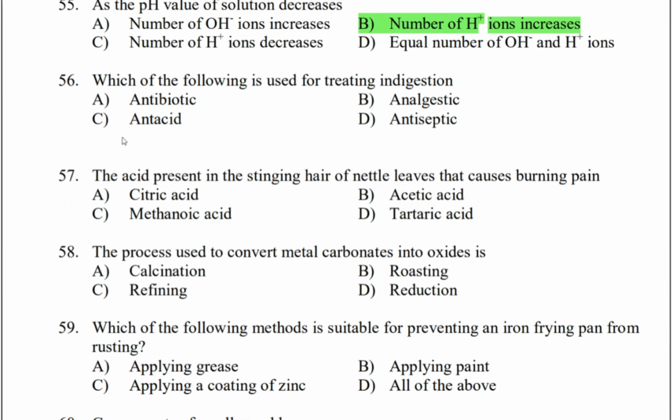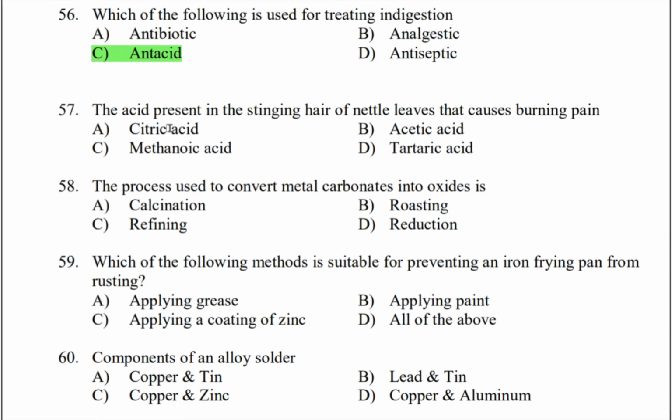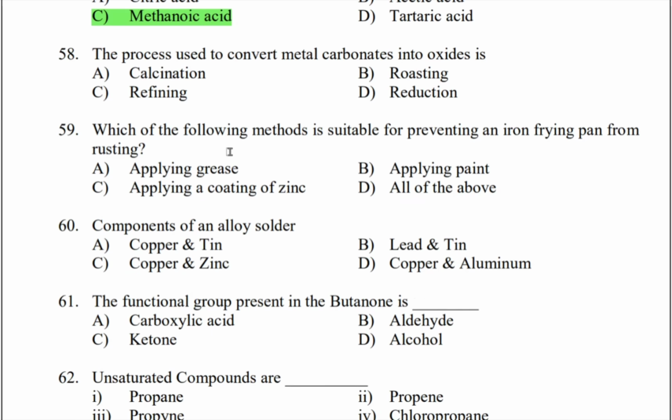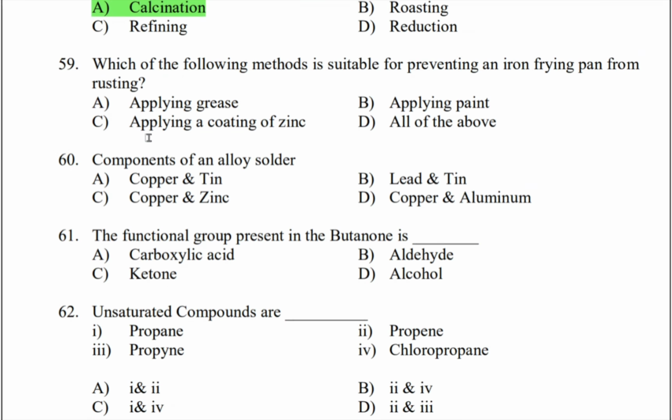Next question. Which of the following is used for treating indigestion? Therefore, the correct answer is option C, antacid. Next question, the acid present in the sting of a beetle is methanoic acid. The correct answer is option C, methanoic acid. The process used to convert metal carbonates into oxides is calcination.